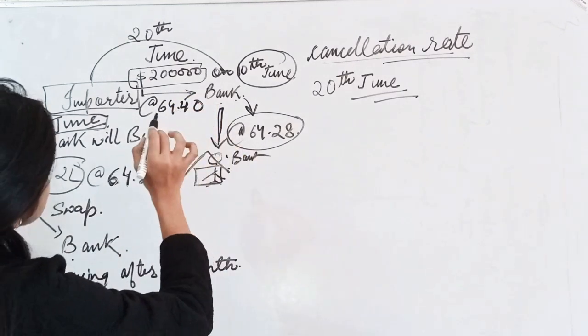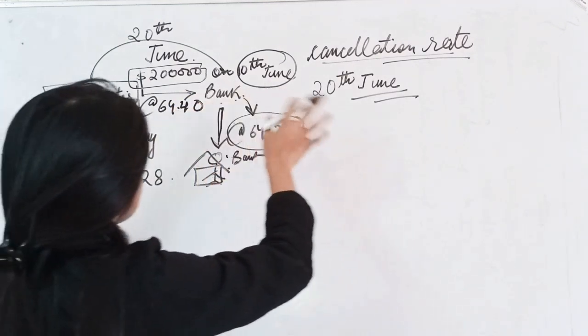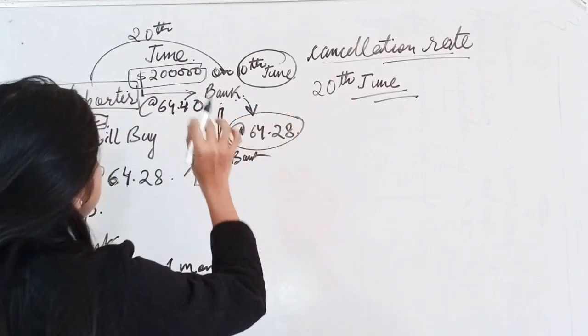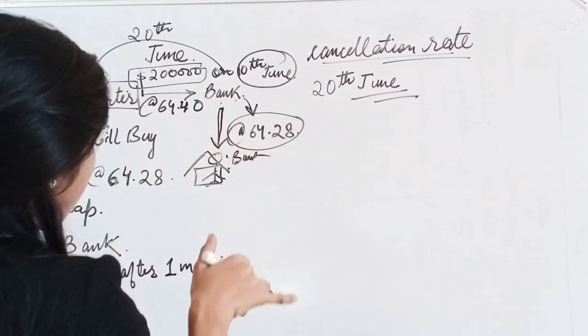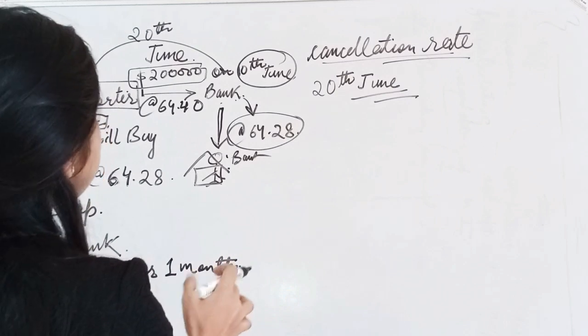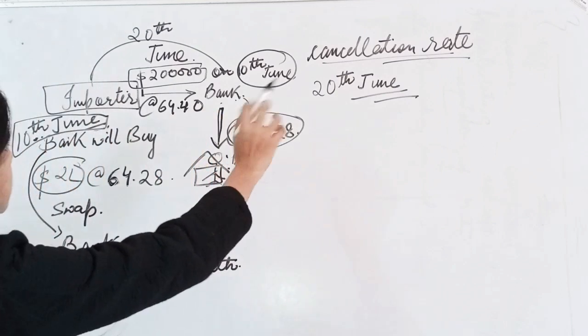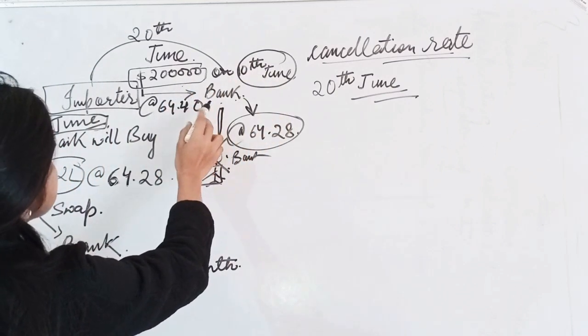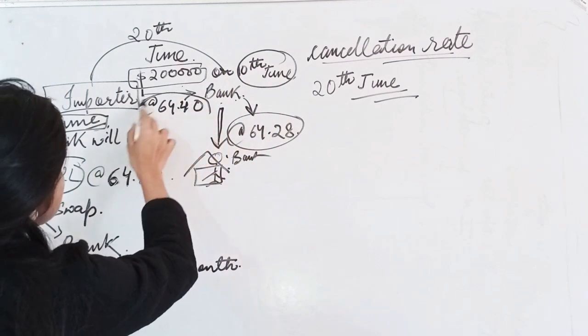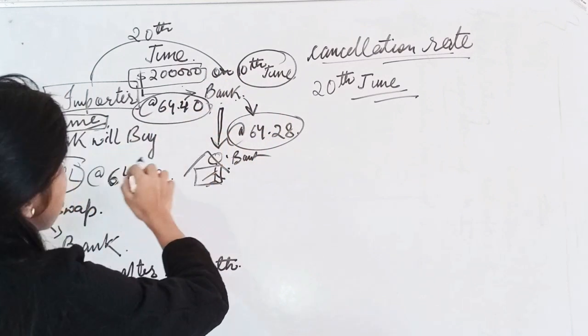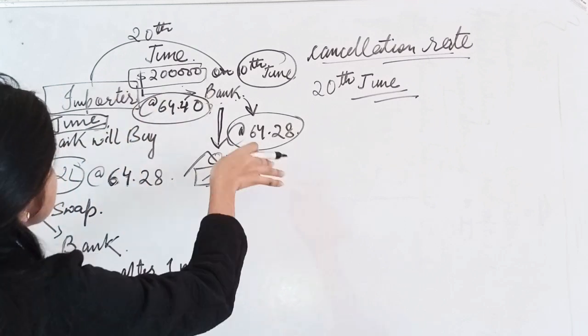So the bank is saying, you don't need the money on 20th June, so do one thing: first purchase $2 lakh from me at the rate 64.40, and again sell it back to me.